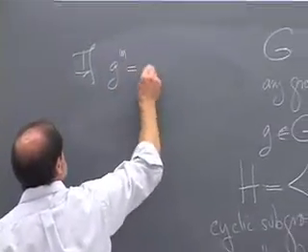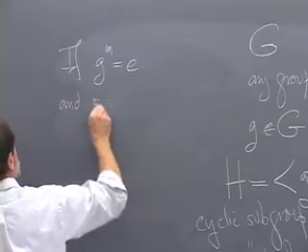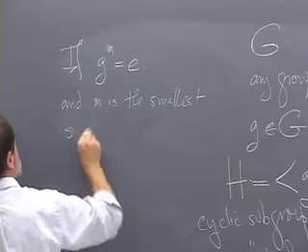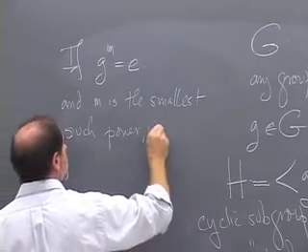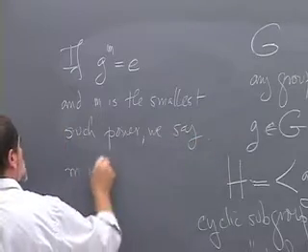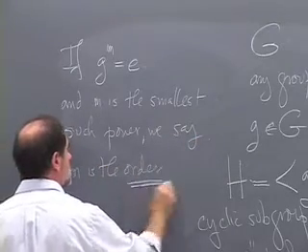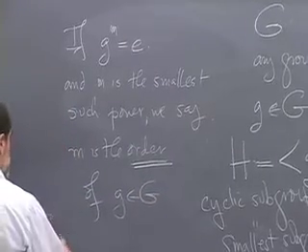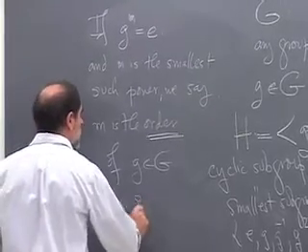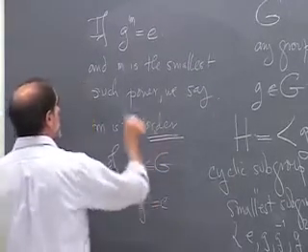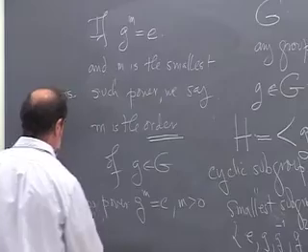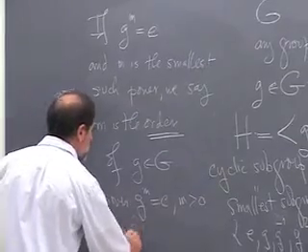If g to the m is equal to the identity, and m is the smallest such positive power, we say m is the order of g in G. And if no power g to the m equals the identity, for m greater than 0, we say g has infinite order.